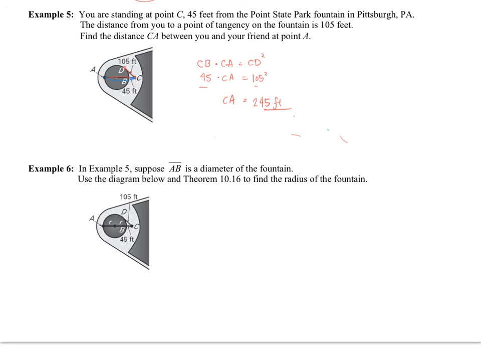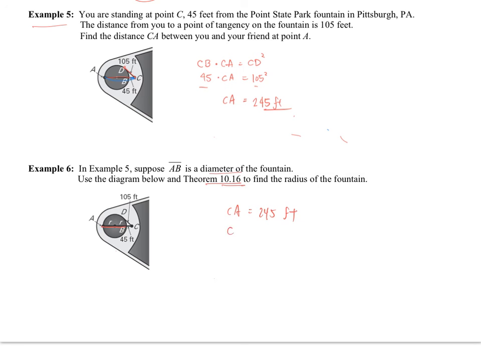Example 6. In example 5, suppose segment AB is the diameter of the fountain. Use the diagram below and theorem 10.16 to find the radius of the fountain. Well, in example 5, we already used theorem 10.16 to find CA, which is 245 feet.